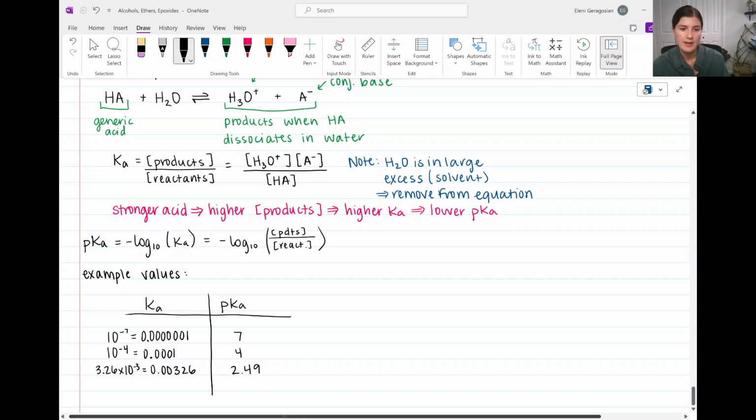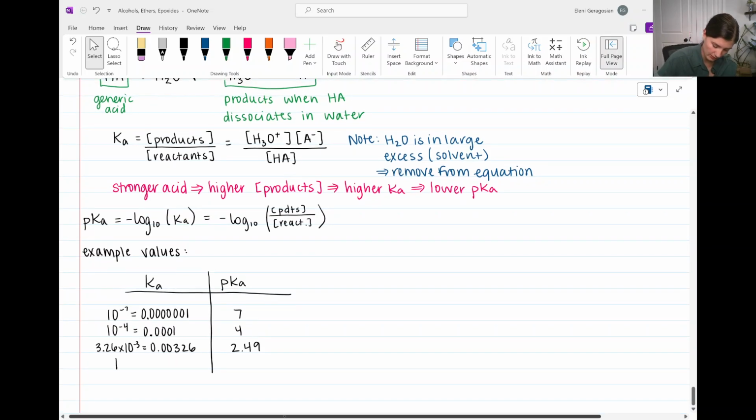You might notice that if we have a negative exponent in the scientific notation, then we have a positive pKa value. Again, that's because we changed the sign taking the negative log. Now let's look at a positive exponent. Let's say we have a large Ka, 10 to the 3, or 1,000. A large Ka greater than 1 has a pKa of negative 3. So lower pKa's are aligned with stronger acids. Higher Ka, lower pKa. Stronger acid, higher Ka, lower pKa.